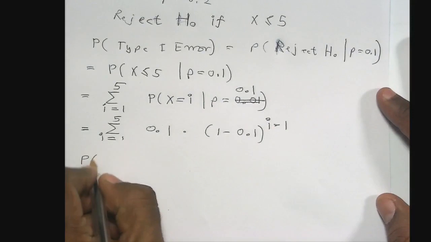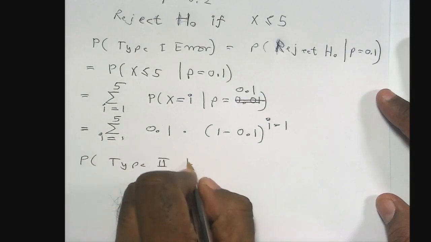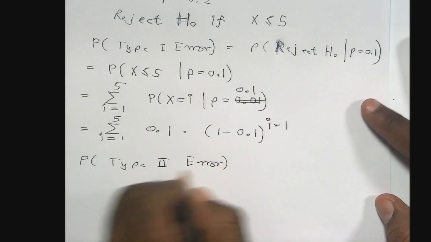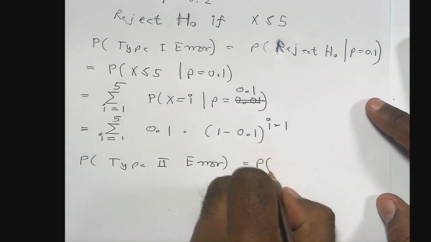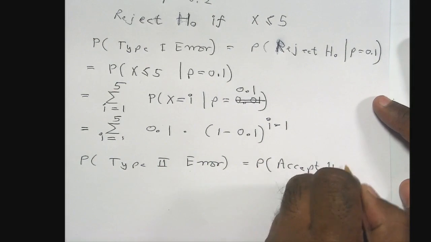The answer for the second part is the probability of accepting H0 when H1 is true.